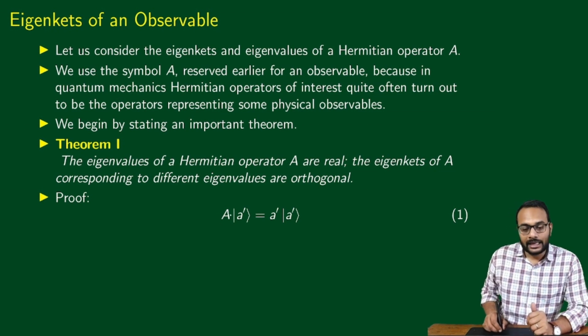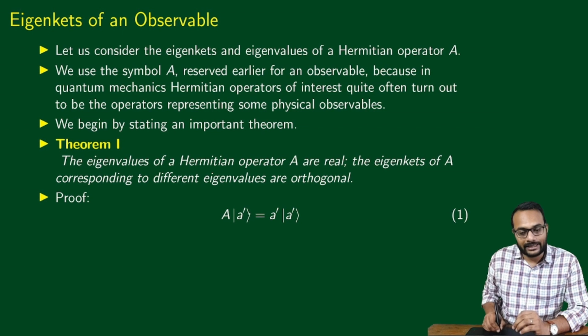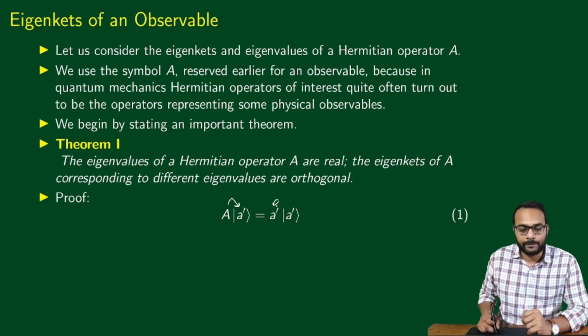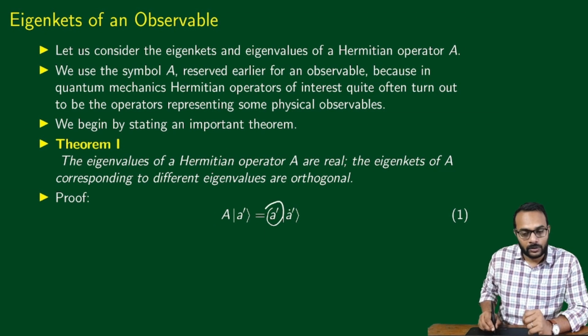We start by writing the eigenvalue equation. This says that A acting on ket a prime is equal to a prime multiplied by ket a prime. Okay, so this is the definition of an eigenvalue equation. The operator acting on the ket does not change the direction of the vector, but merely multiplies it by a number. Now this number is called the eigenvalue, and this vector is called the eigenvector.